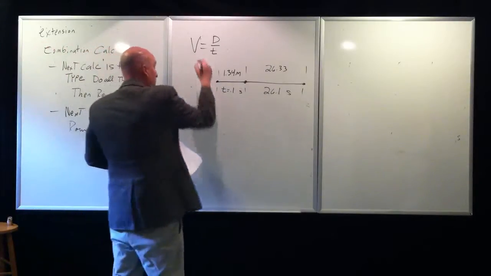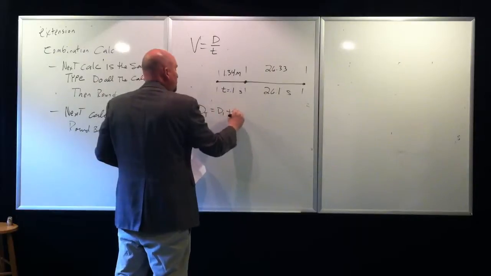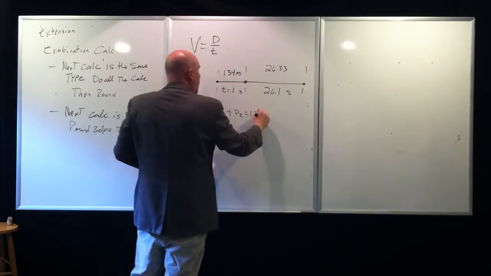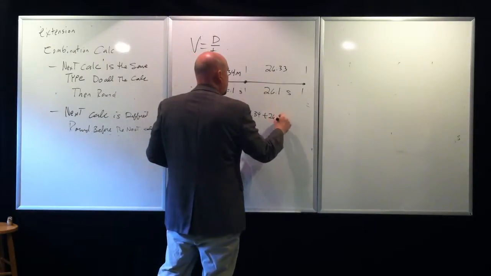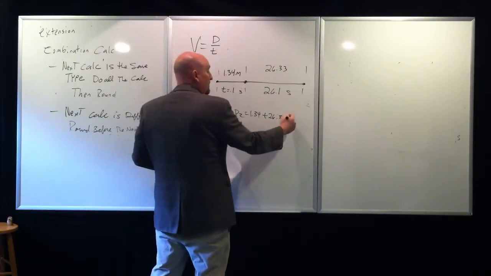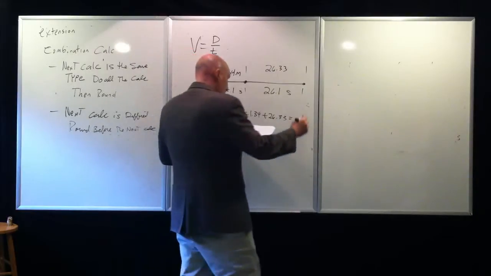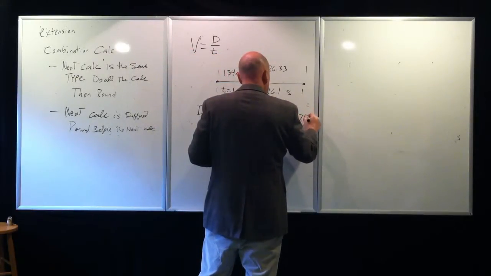So what we can do is we can break this into distance total is going to be distance 1 plus distance 2. Distance 1 is 1.34, 2 decimal places, plus 26.33, 2 decimal places, but 4 sig figs and 3 sig figs. It doesn't matter with rounding the number of sig figs, it's the decimal places. So this comes up to be 27.67.